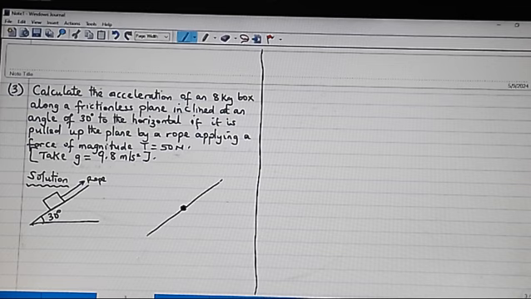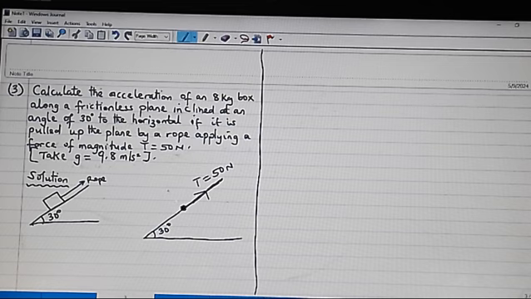Of course, this is our horizontal. This is 30 degrees. The tension is along the string. So our T is here. That's the force.